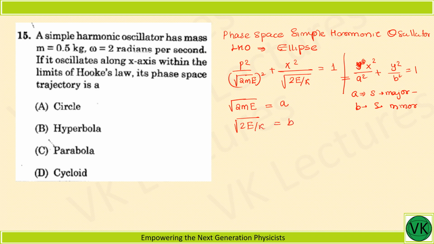Now for this particular question, the mass is equal to 0.5 kg and omega equal to 2 radians per second. Now what is the equation here?